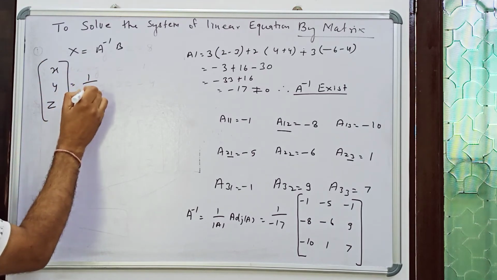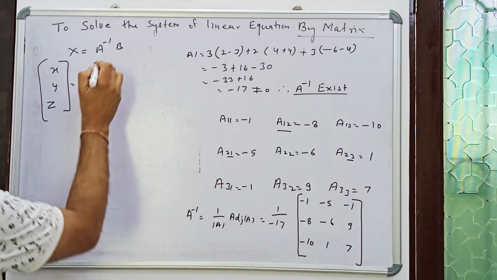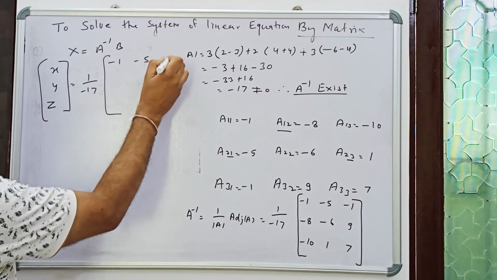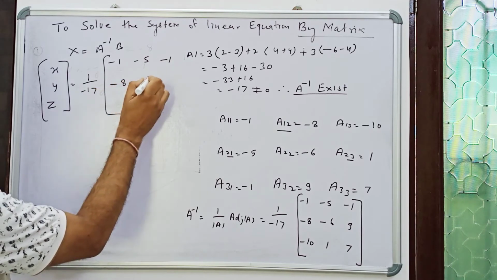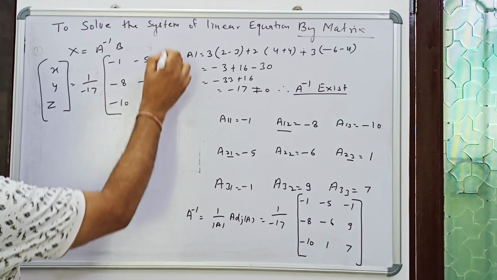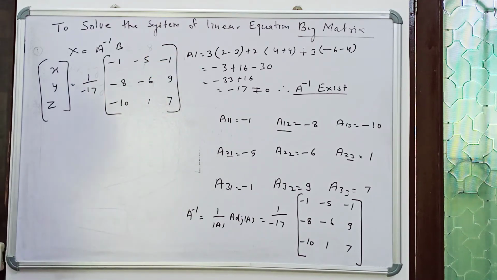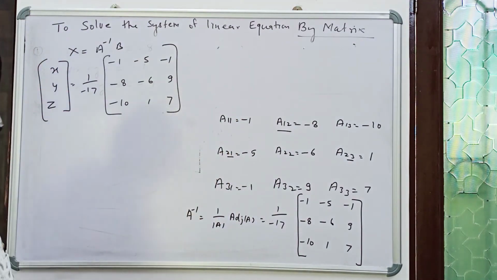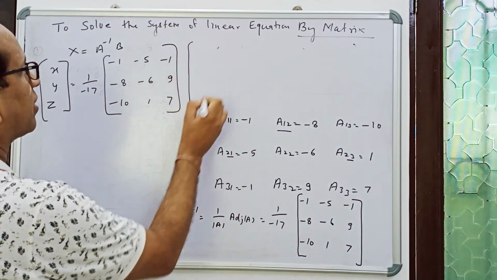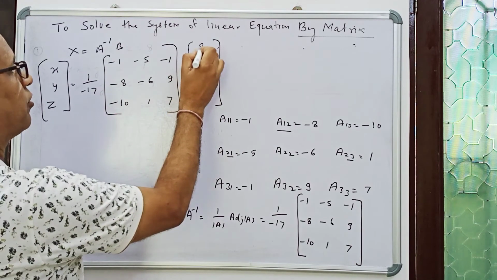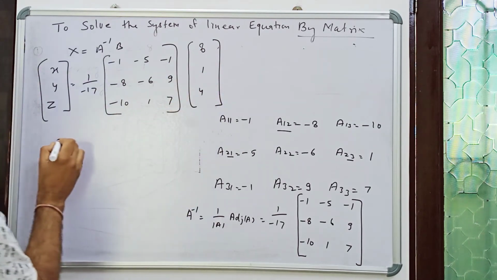A inverse is 1 upon minus 17, this one, and then you write minus 1, minus 5, minus 1, minus 8, minus 6, 9, minus 10, 1, 7. And with this B. So what is the B here? I have rubbed it, but the B is 8, 1, 4. 8, 1 and 4. Now we will multiply.